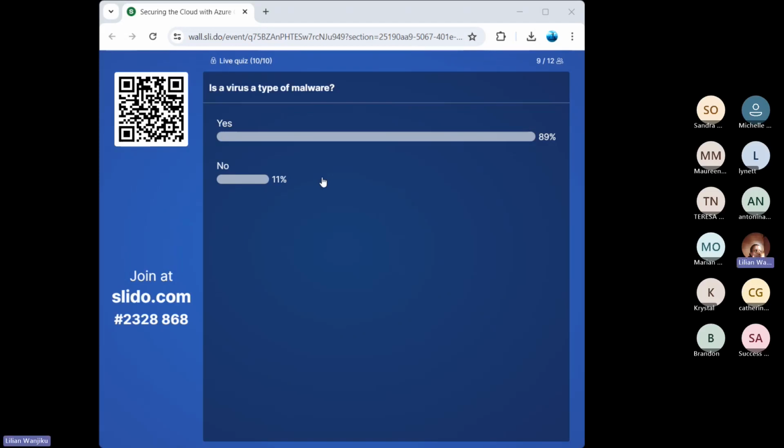The answer is yes. A virus is a type of malware, including worms, and another one called ransomware, where someone encrypts the data you have, making it unable to be read. So you have to pay a certain amount for it to be decrypted, for your data to be restored to its original form.